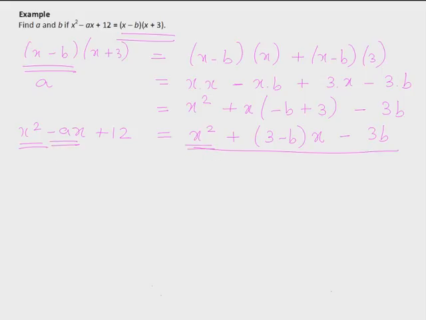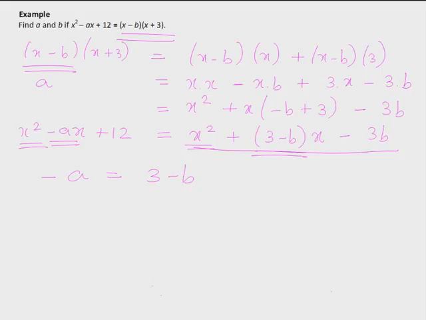Here we have a minus a and we have a 3 minus b, so I know that minus a should equal 3 minus b, because the coefficients of x on both sides must be equal. The term in x can only equal the term in x. Recall that terms with different powers of x have nothing to do with each other.